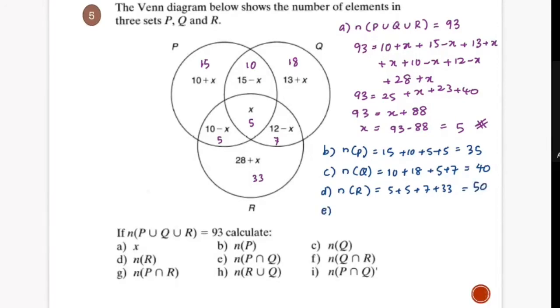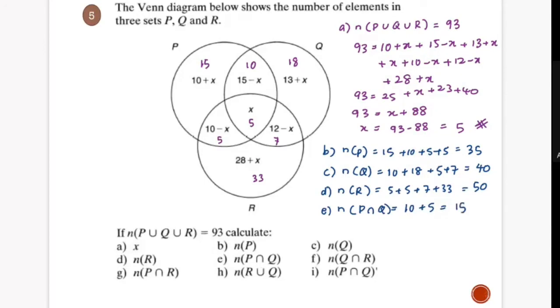E, the number of elements in P intersection Q. Where is P intersection Q? It must be this part: 10 plus 5 is equal to 15.